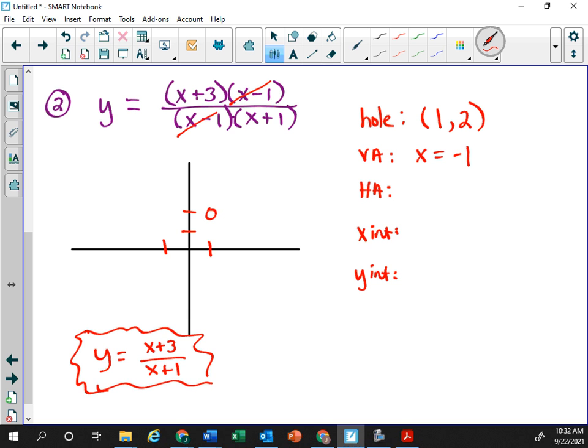So we can go over here. And remember, I'm doing everything from this guy now down here. So the horizontal asymptote, I can see the degrees are equal, so it's going to be y equals 1 again.